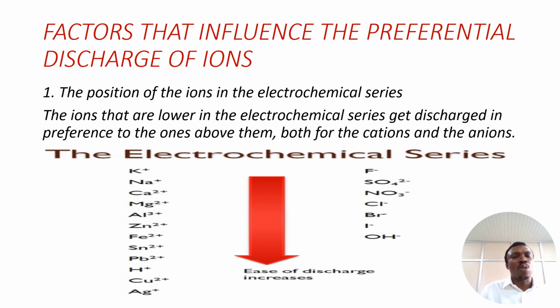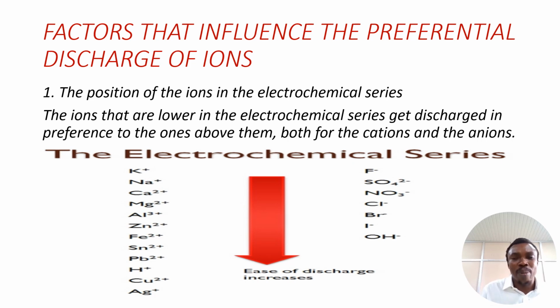So the first one we want to consider is the position of the ions in the electrochemical series. We have the electrochemical series for the cations and the anions, the positively charged and negatively charged ions.